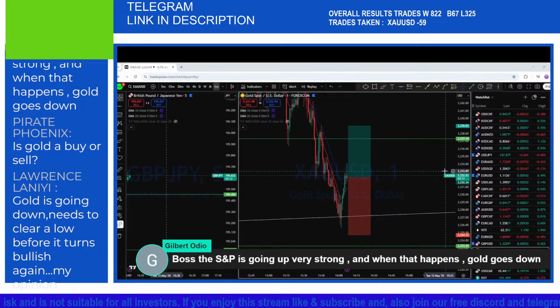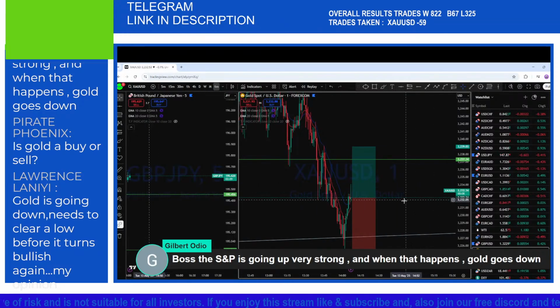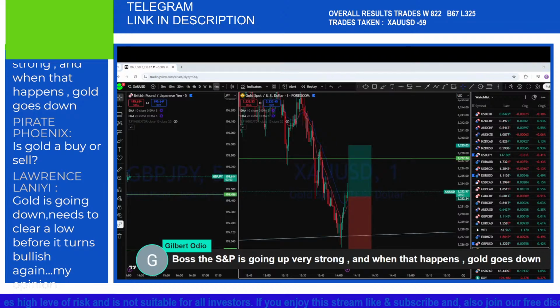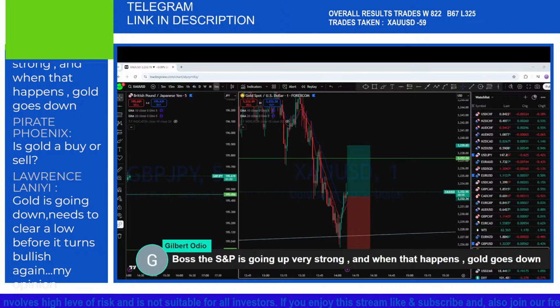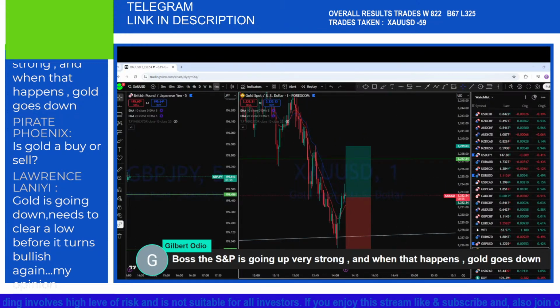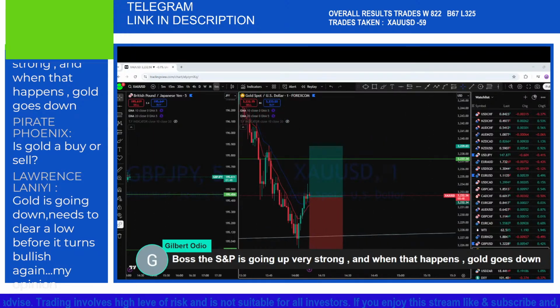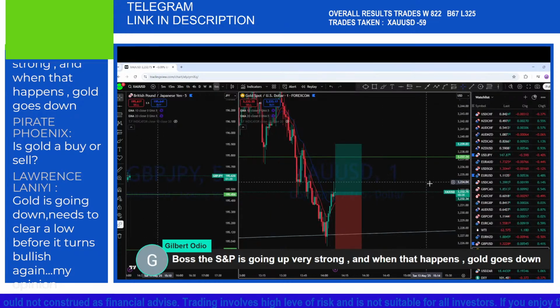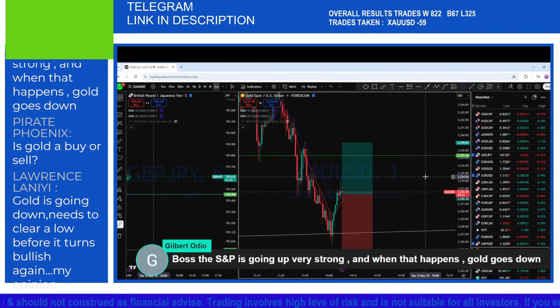So I placed that buy here, and now expect a short-term bullish bias. This is another recovery trade.